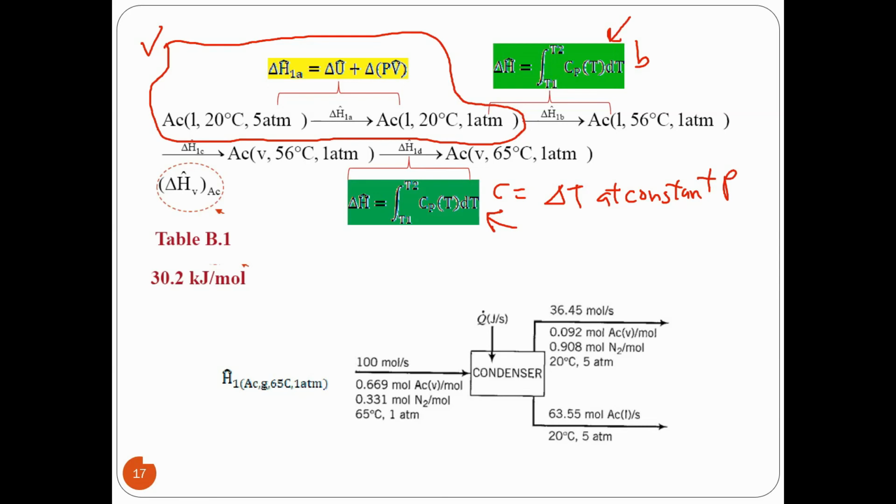So there's vaporization, or you can say boiling temperature. You can refer to our table B1, where the vaporization occurs, at the boiling point temperature given at the pressure of 1 atm. So this is the change of specific enthalpy.